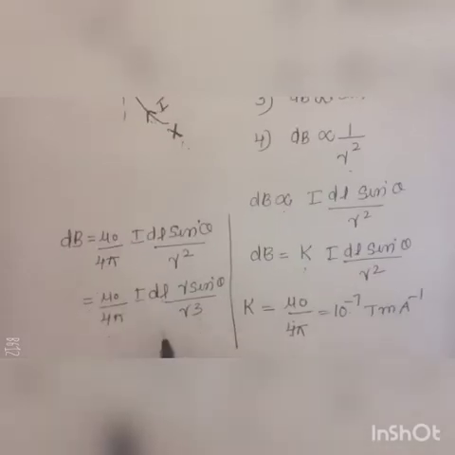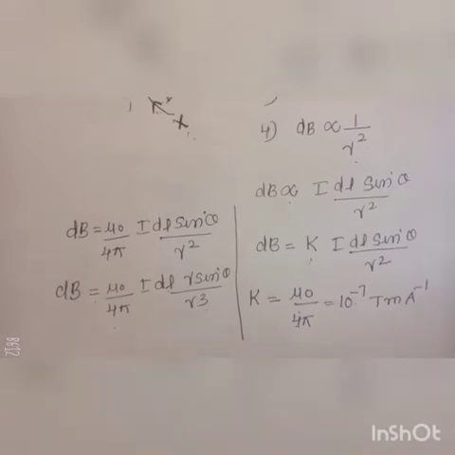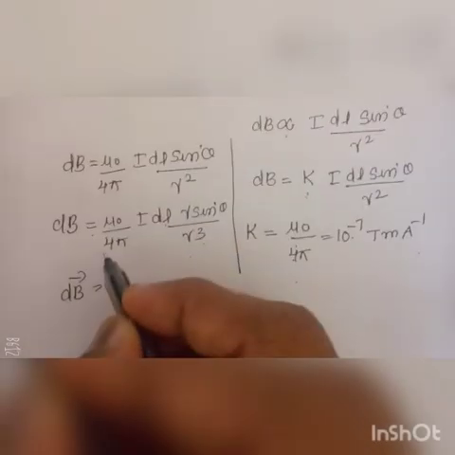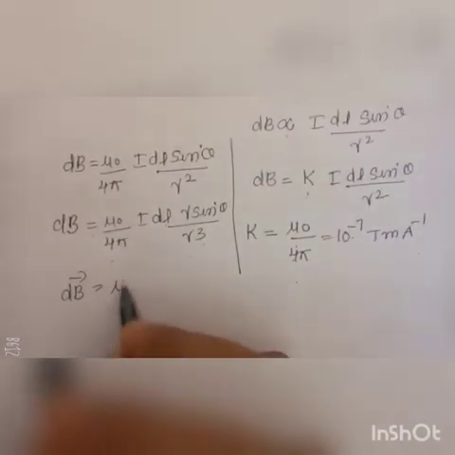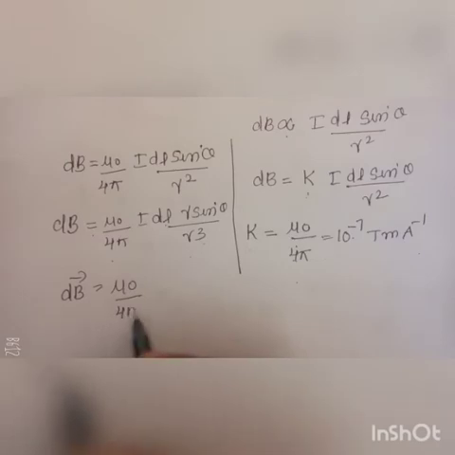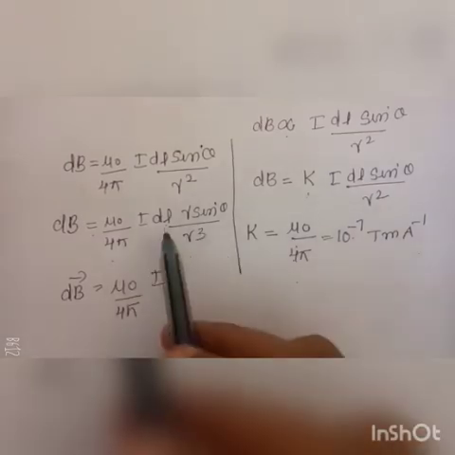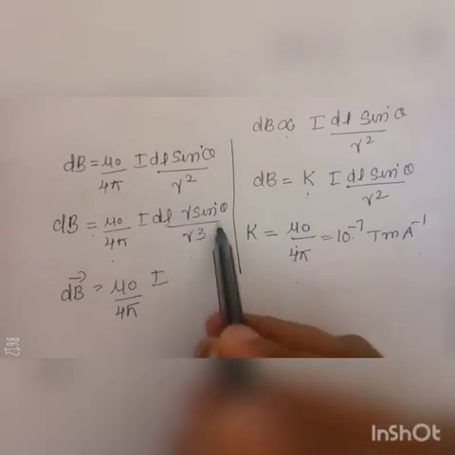As the direction of dB is perpendicular to the plane of dl and r, we can write the Biot-Savart law in vector form. Vector dB is equal to mu 0 by 4 pi I into dl r sine theta.